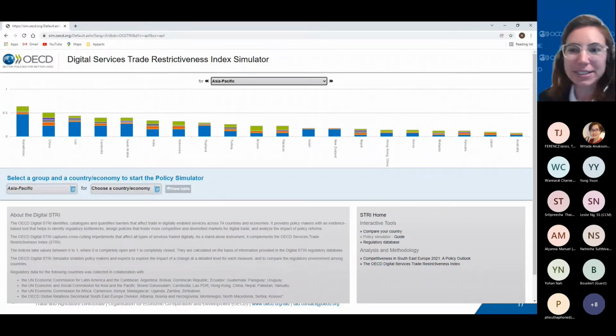No worries. Thank you. It's a very good question. We have two measures that score this requirement. One is commercial presence, as you were indicating, and the other is local presence. Commercial presence is when there is a requirement to install a branch or to install an agency, so there is a need to create a physical structure in the country.